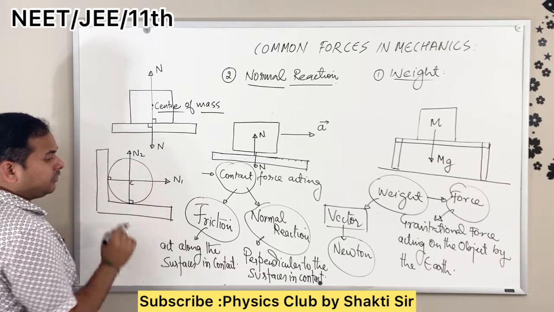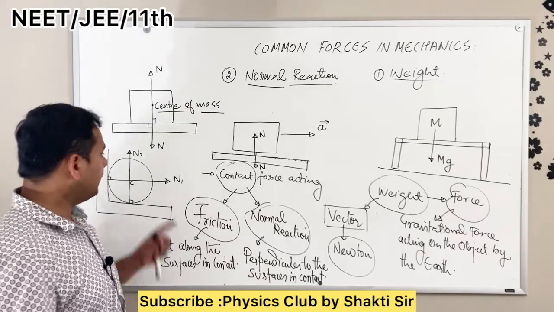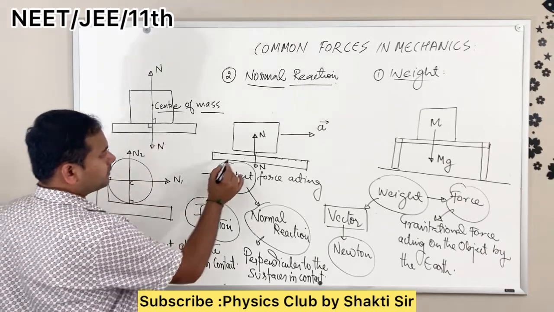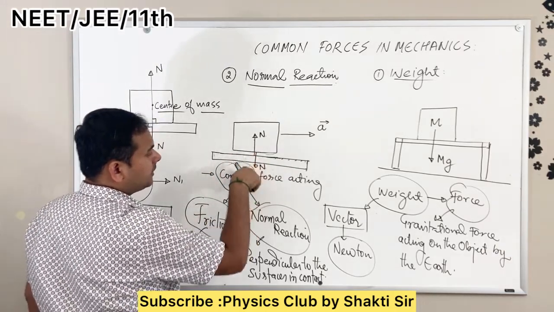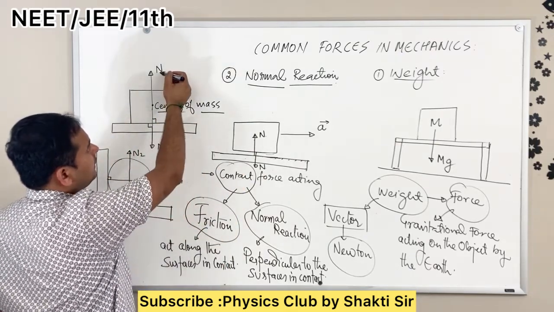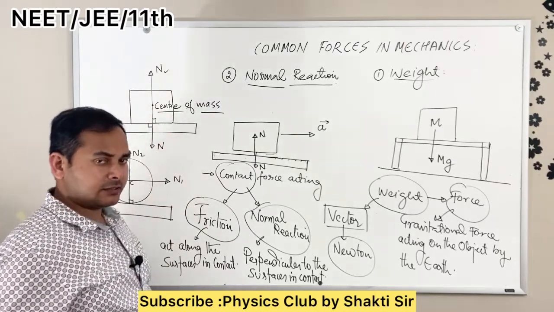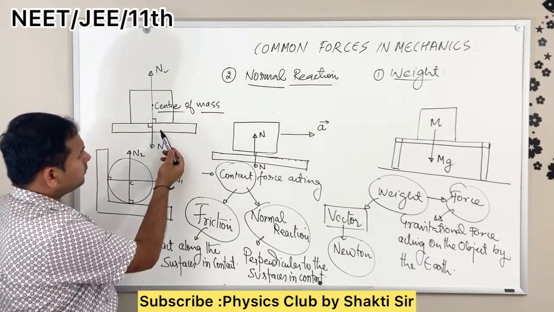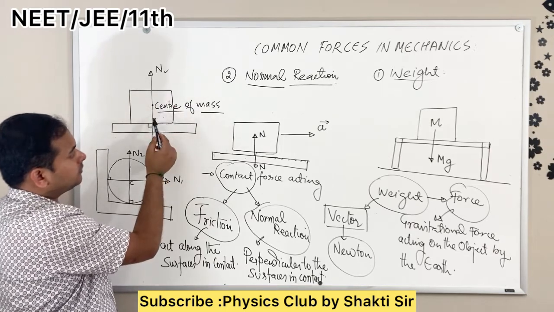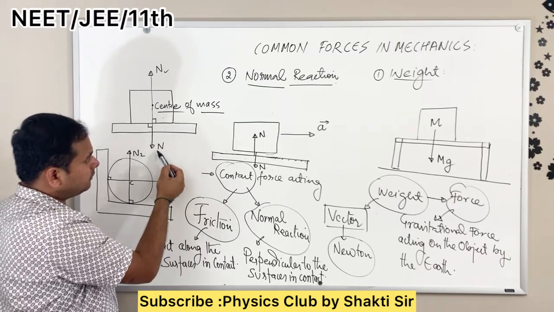Here N1 and N2 may be equal in magnitude, but we are not sure. That's why I am writing N1 and N2. But for a single contact, the normal reactions are equal. If we consider just the normal reaction on the block, it is N. As we know, forces always appear in pairs. So the platform is applying force on the block in the upward direction with the force N, and the block is also applying a force on the platform in the downward direction with the same magnitude.